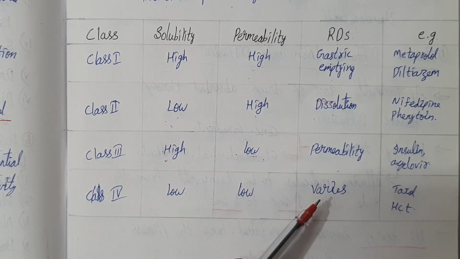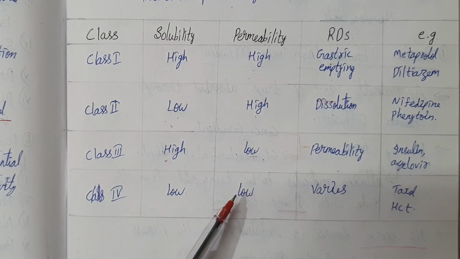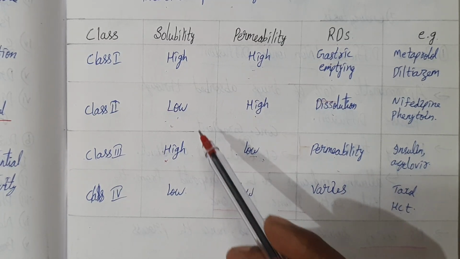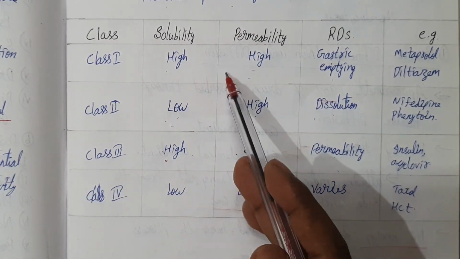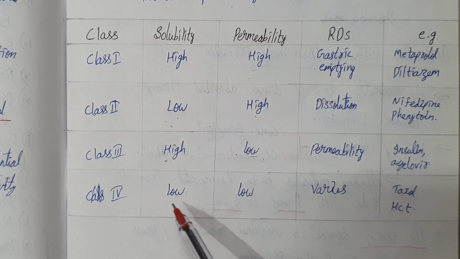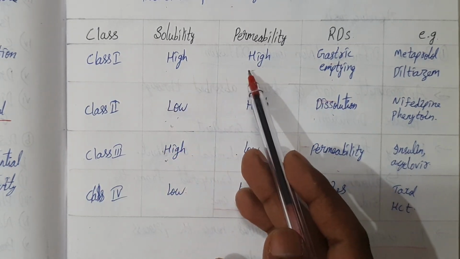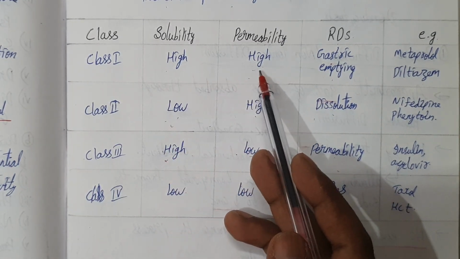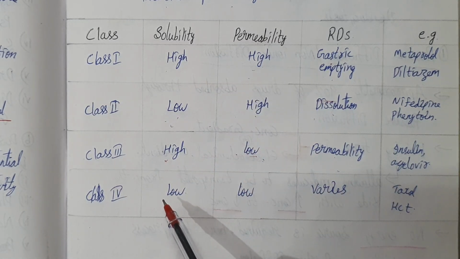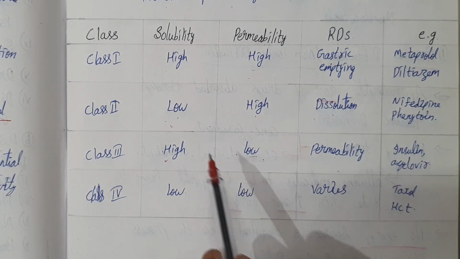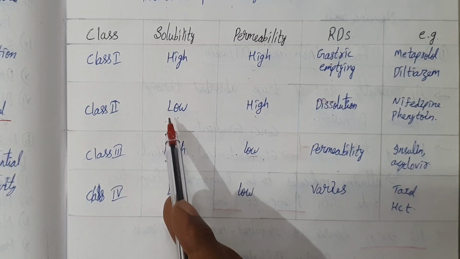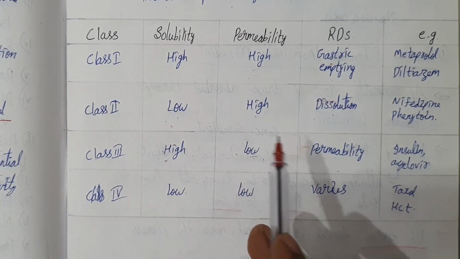Then varies means we don't know whether all will be affecting or not, so low we have to put. Or another method: first of all, on the top write high, then on the bottom write low, then alternatively write low high, high low.